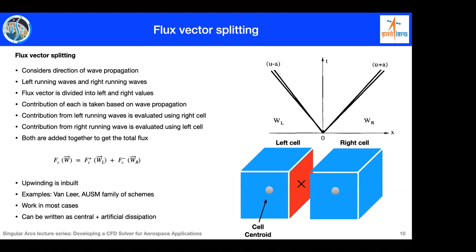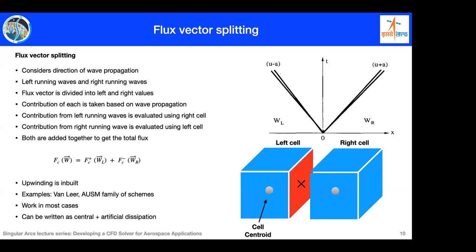Depending on which wave is traveling on the left side or right side, we consider appropriate cells. So now we dissociate the flux in such a way that whatever flux is associated with right running waves, we put it in FC plus, and whatever flux is associated with the left running waves, we put in FC minus.